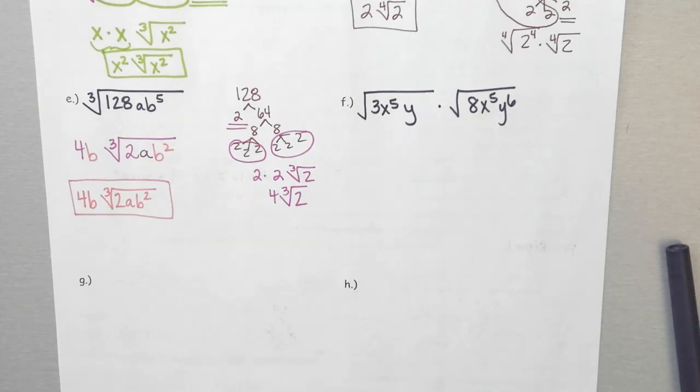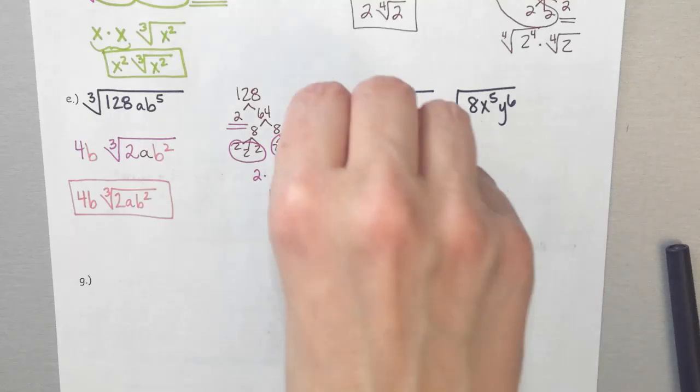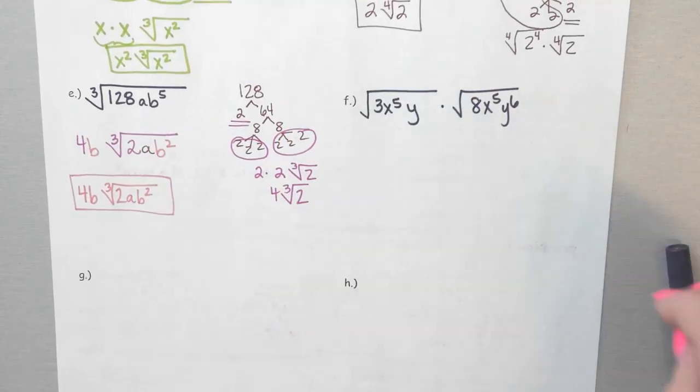Okay, now I found that the simplest way to do one like that is to multiply across right away and then simplify instead of trying to simplify and then multiply and then simplify again. Okay, so we're going to multiply those together first.